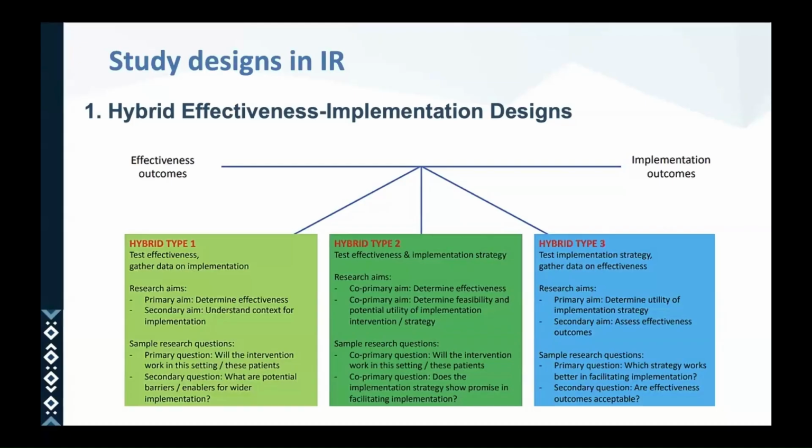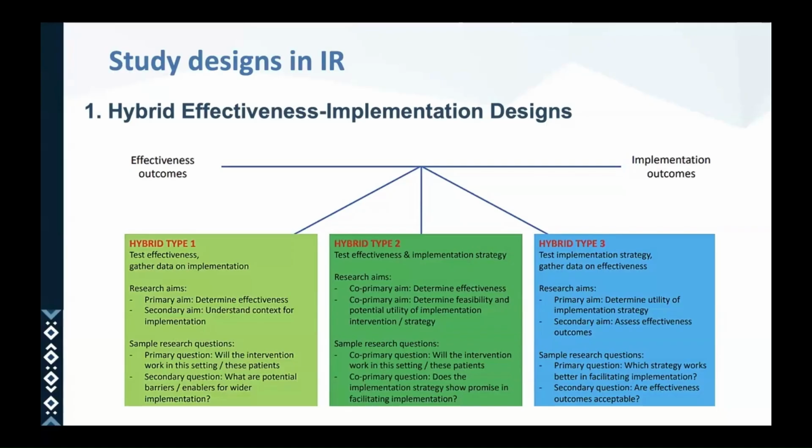With that, we are going to start with the hybrid designs, or the hybrid effectiveness-implementation designs. These are designs that are used to bridge the gap between testing an intervention's effectiveness and its implementation. That is, for effectiveness, we're looking at: does it work?